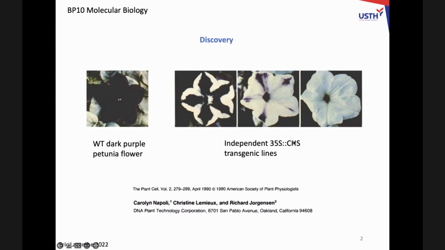It's called CHS, a gene that is implicated in the biosynthesis of the pigment. And they constructed this gene under the control of a constitutive promoter. So basically they took a purple plant and overexpressed this gene, so they were supposed to obtain more color in the petals.